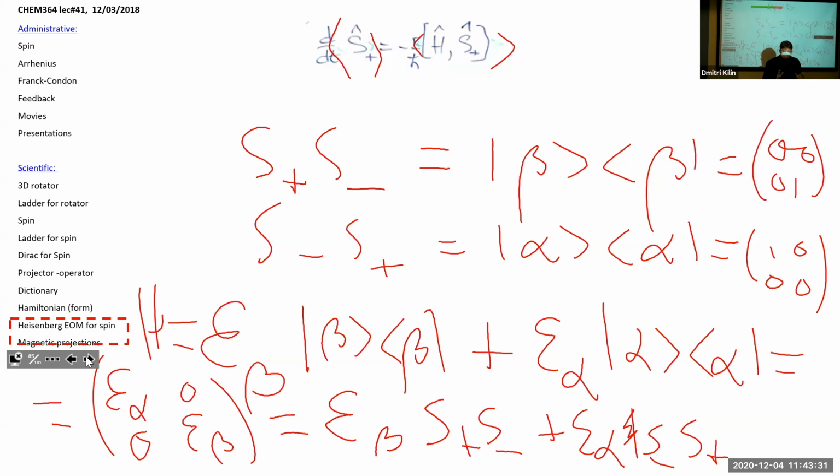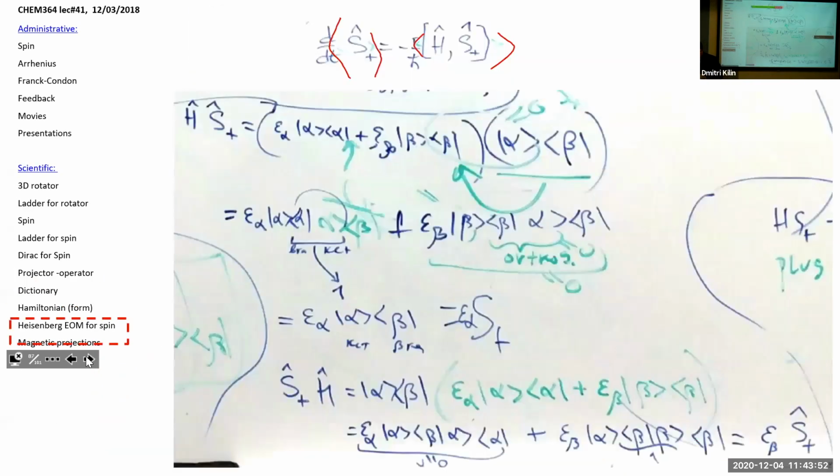One can practice the same trick for the spin operators. One can find how the S plus and S minus operators rotate in the complex plane. The equations will be quite similar. So here is the equation of motion for the creation operator.